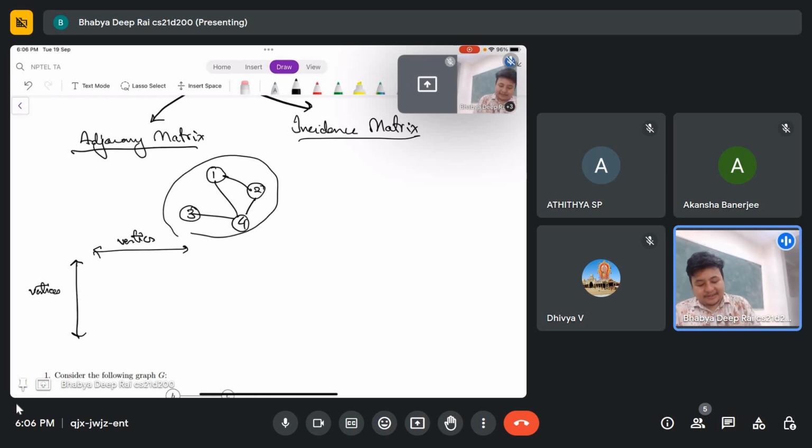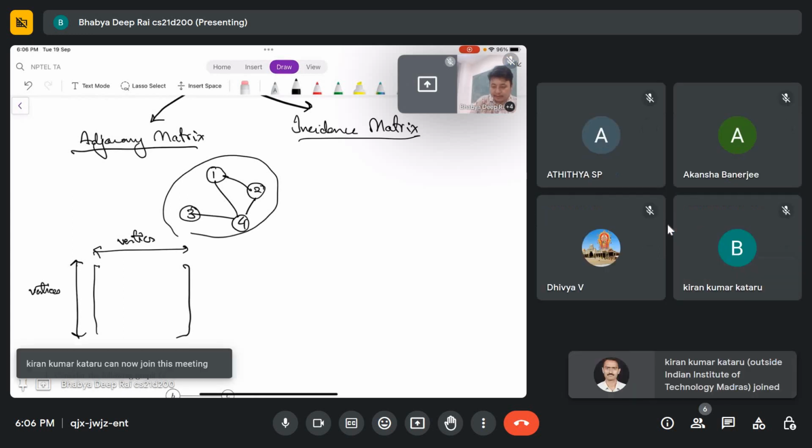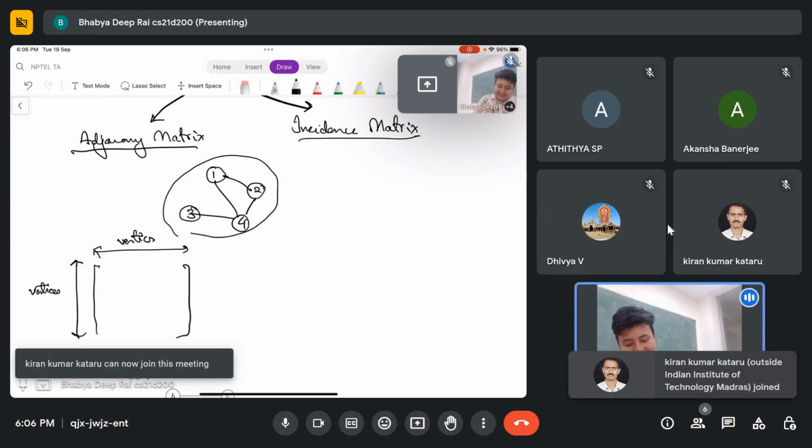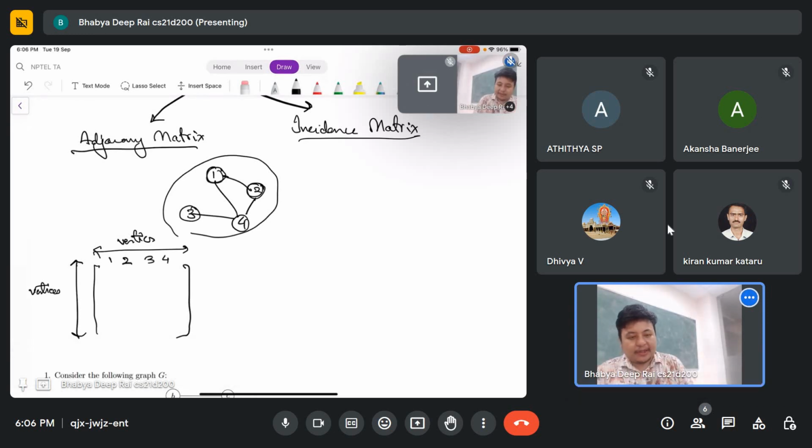Let's say this is your matrix, and I'll label the columns 1, 2, 3, 4 because these are your vertices 1, 2, 3, and 4. And I'll label the rows as 1, 2, 3, 4. If an edge exists between the vertices, then we'll write a 1, otherwise a 0.